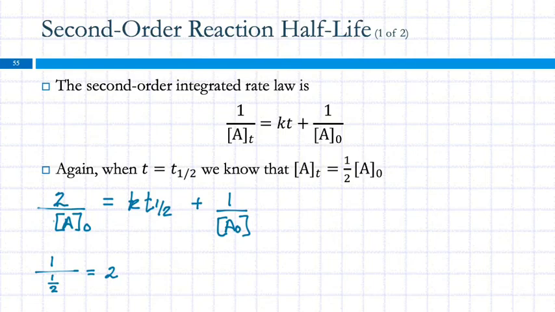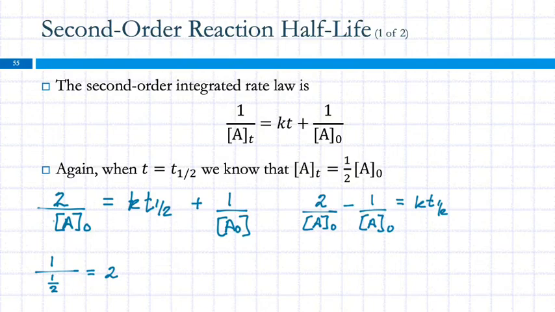If I subtract 1 over A0 from both sides, I get 2 over A0 minus 1 over A0 is equal to KT1/2. Can I subtract those two? Yes, because the denominator is the same.